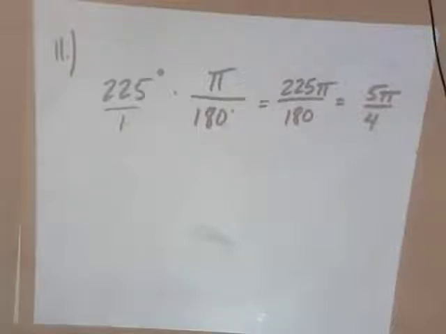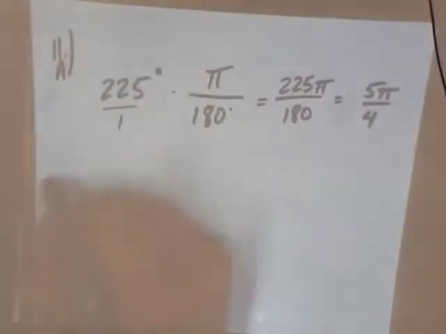What'd you get? 1.25. Now hit math, enter, enter. What'd you get? 5 fourths, cool. Okay, that was A.